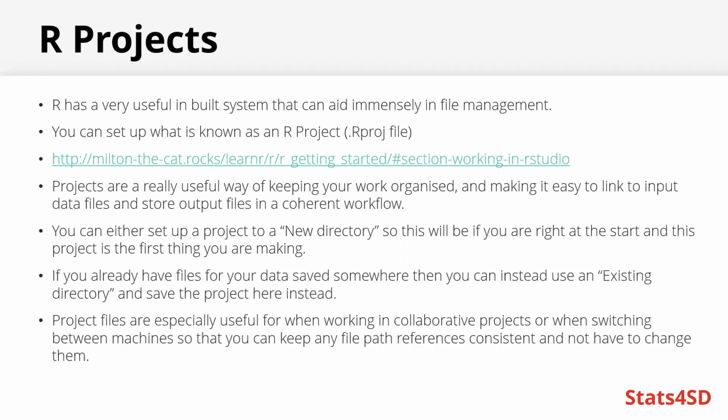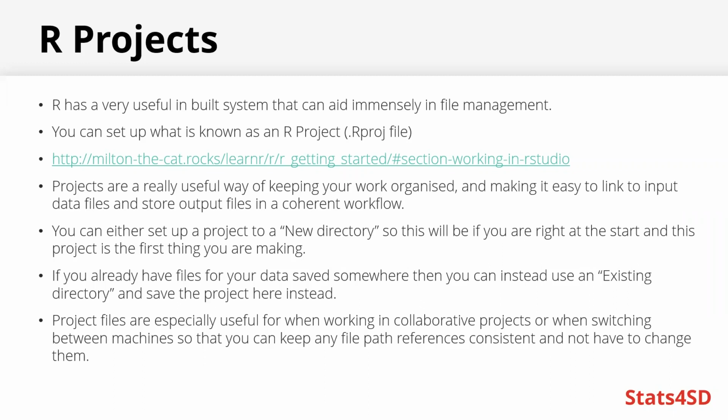Through your scripts, you would be writing relative file paths to those data files, so that you don't have to put in the really long-winded ones and change them every time. This is why project files are especially useful when working in collaborative projects, or when switching between different computers.